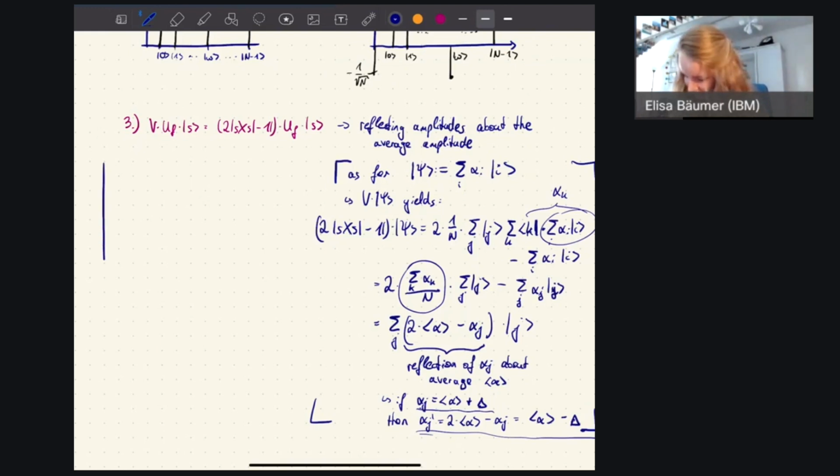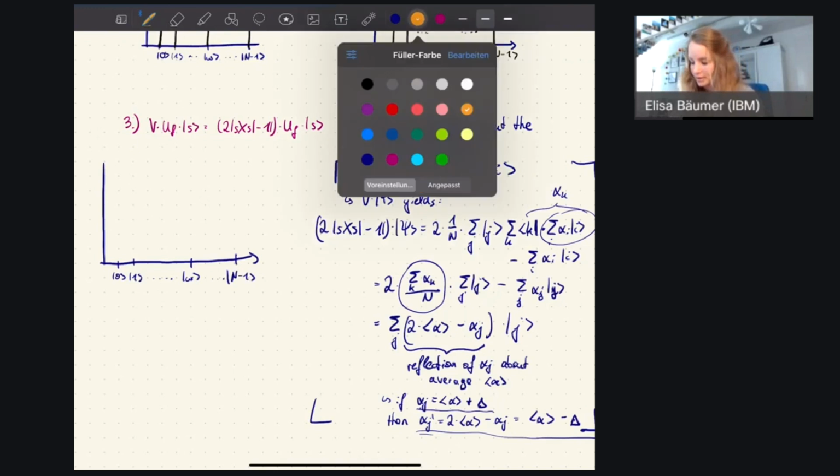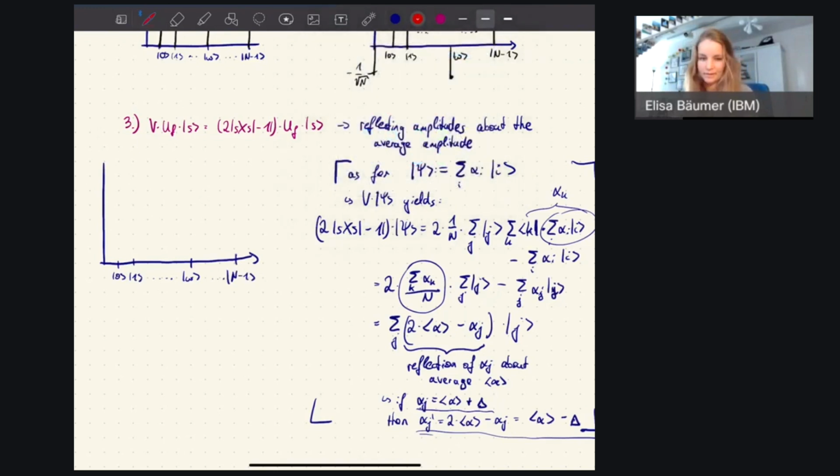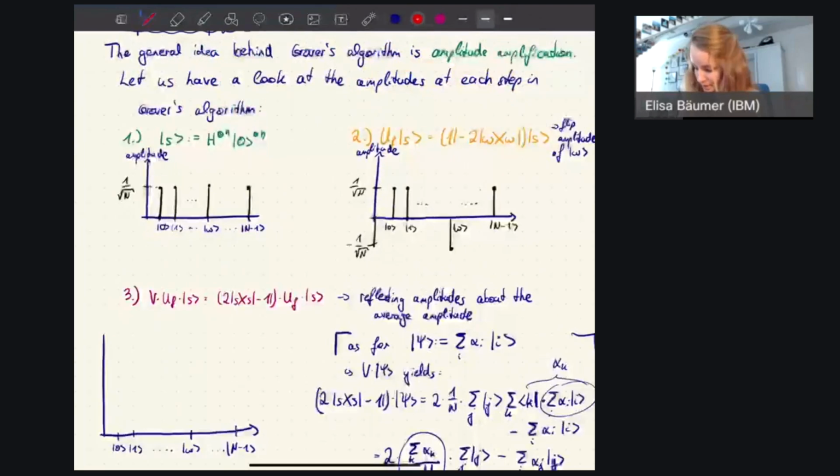So what this means for our amplitudes is we have the amplitude 0 and 1 and all of those until we have w, the element that we're looking for, and n minus 1. And now we should consider what our average amplitudes actually were.